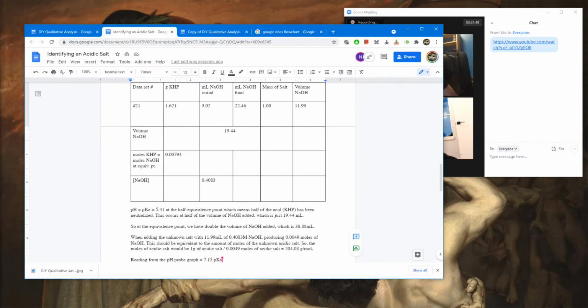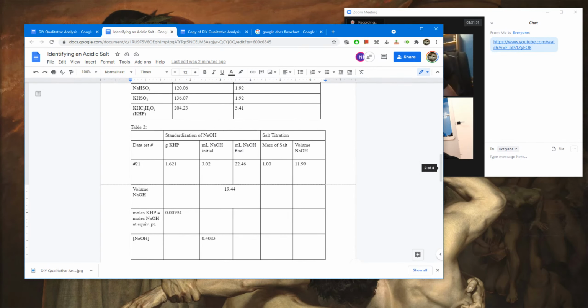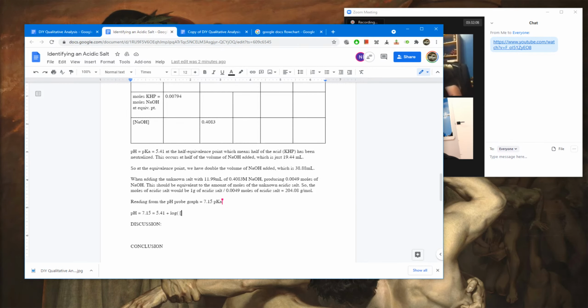So when we're adding volume of NaOH, they're saying we use that much to titrate the unknown, which is made by the salt and water, and find the molar mass. So that's what we did, with 11.99 mL. Wait, do they add each of these? I wonder. No, they don't. Wait, do they?